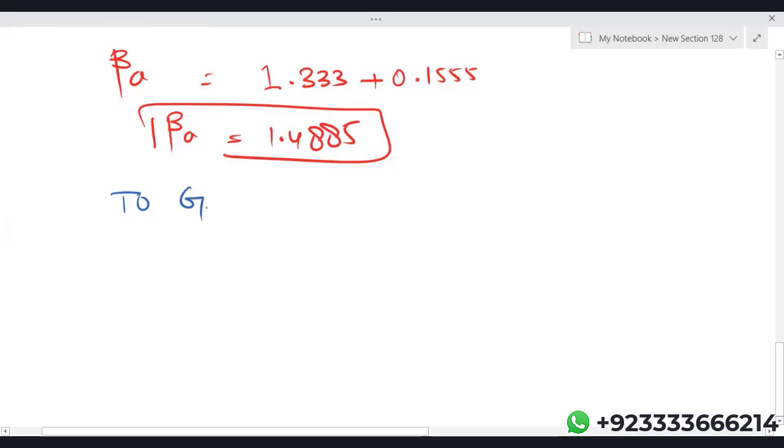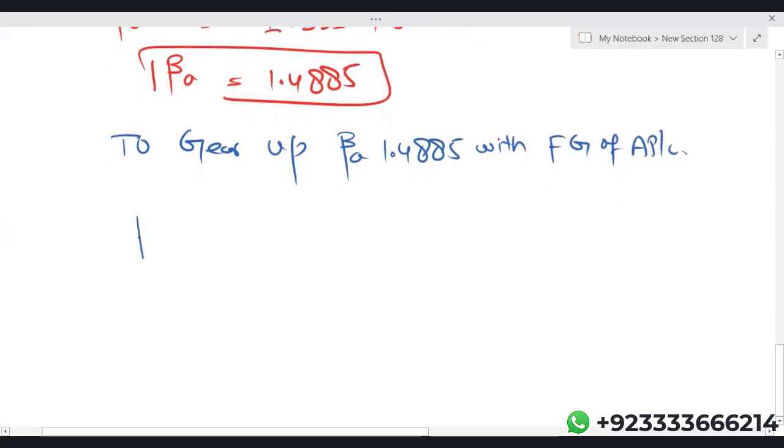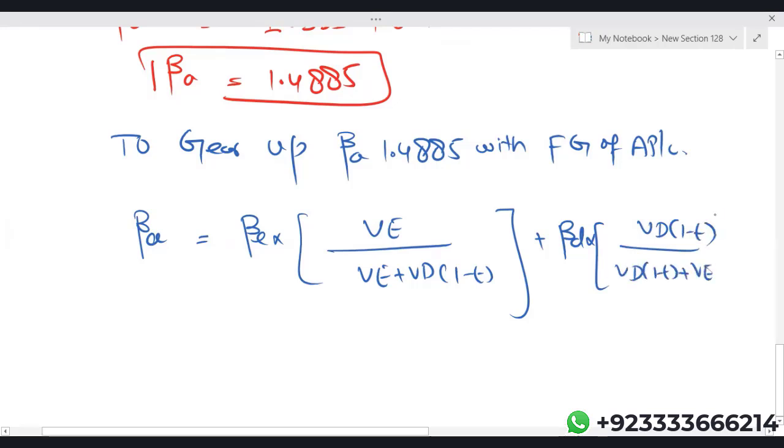To gear up beta asset 1.4885 with the financial gearing of APLC, let me just write a formula for you. The formula is beta asset is equal to beta equity into VE, plus beta debt into VD (1 minus T), divided by market value of debt (1 minus tax rate) plus market value of equity.